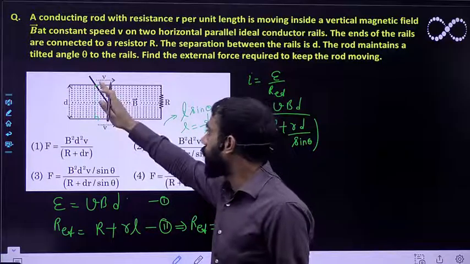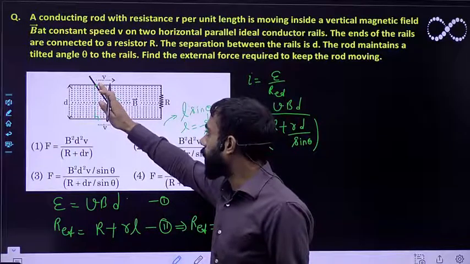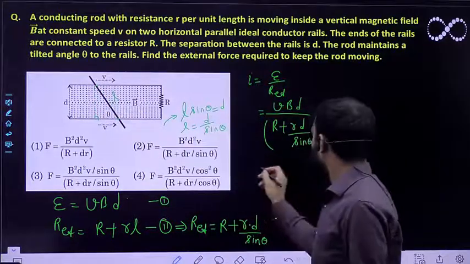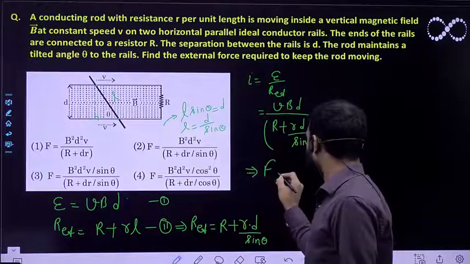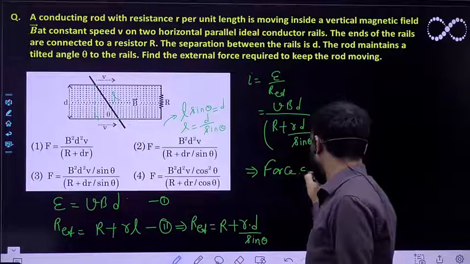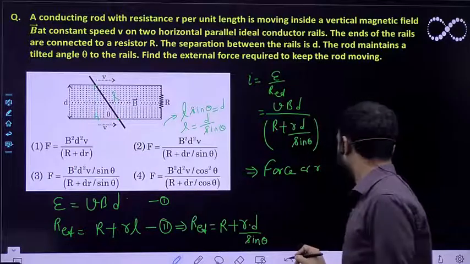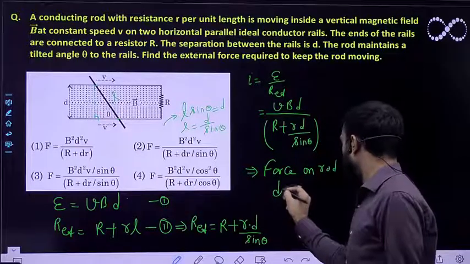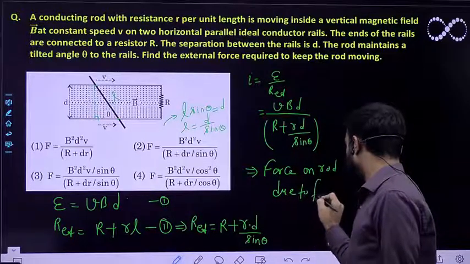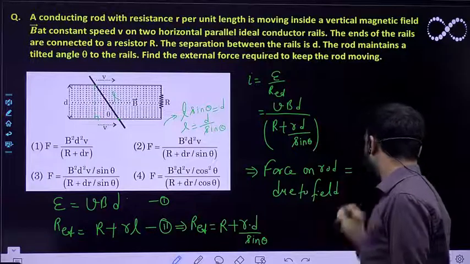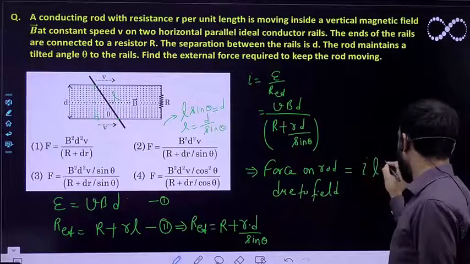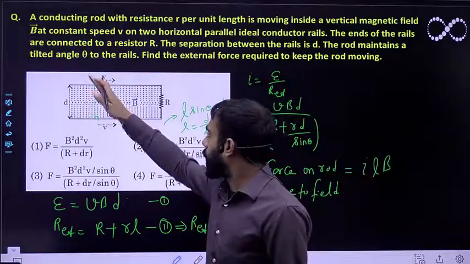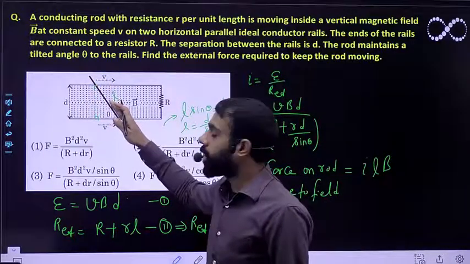So all I need to find is the magnetic force acting on the rod if the current is flowing in it. The force on the rod due to the field will be equal to I L B, because the length of the rod is perpendicular to the magnetic field.